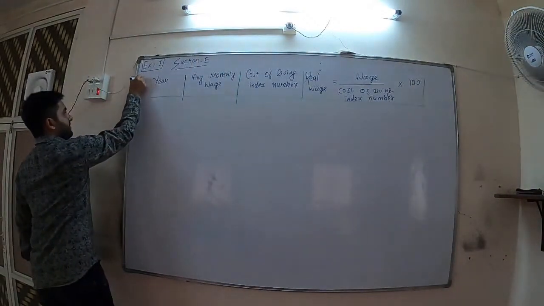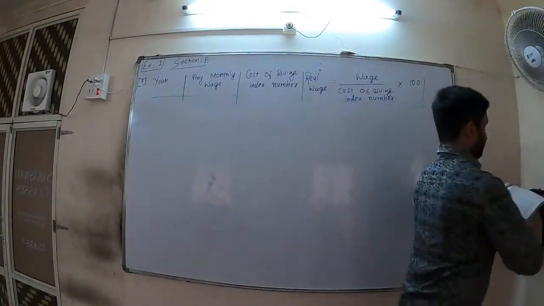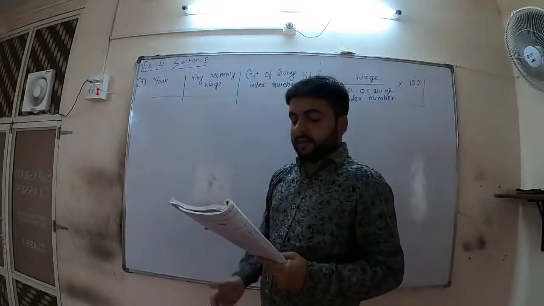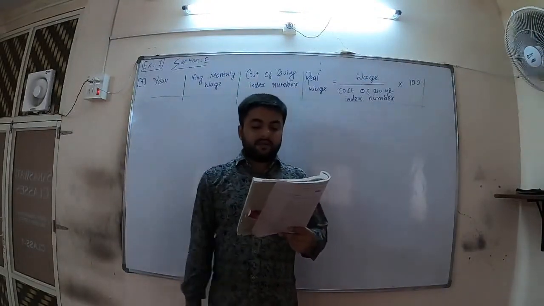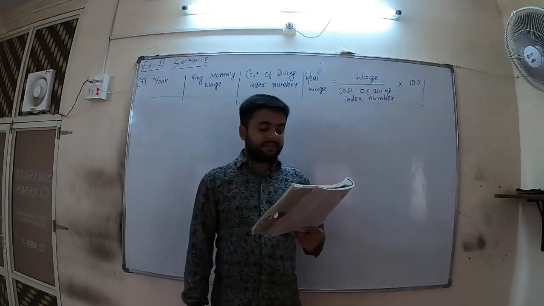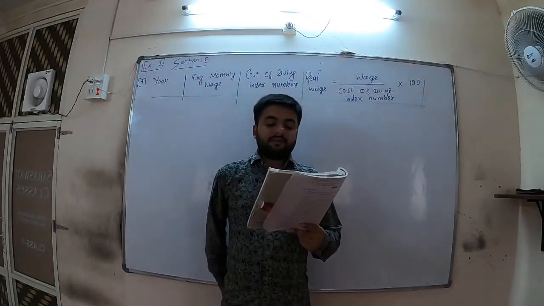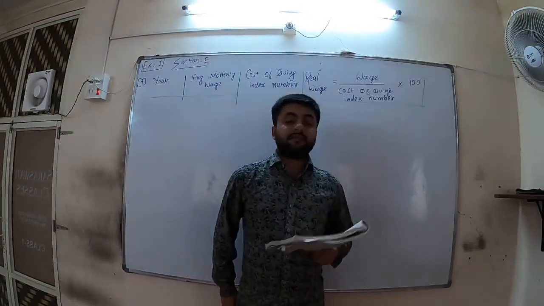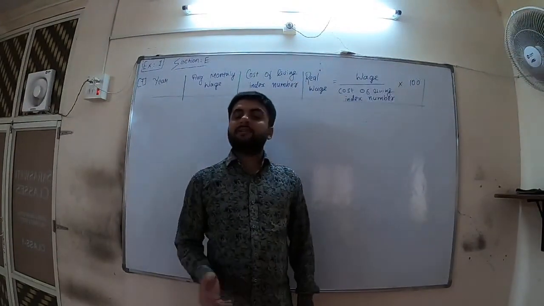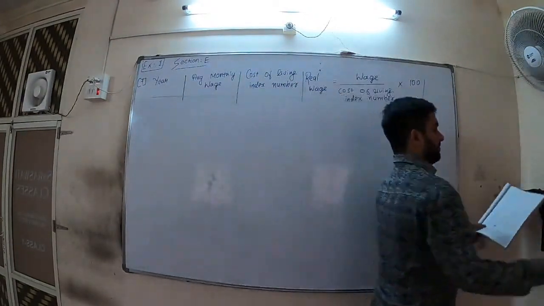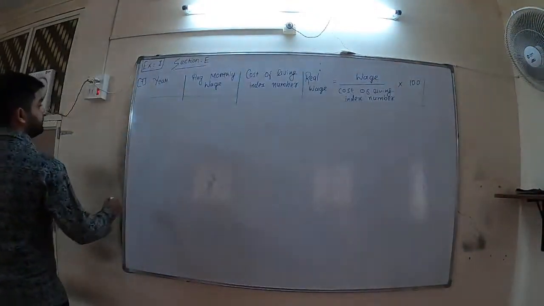Section E, 7th sum. Calculate real wages of a worker class from the following data about their monthly wages. Find the purchasing power of money in the year 2015 considering the year 2008 as the base year. This is an extra question. First I will solve this, then we are going for that also. Okay, I am writing the data. Columns are already made.